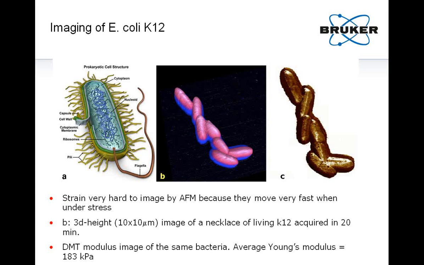Okay, so now we'll go to softer samples with bacteria, especially E. coli. E. coli are gram-negative, aerobic or anaerobic, and non-sporulating bacteria. About the dimensions, they are about 2 micrometers in length and about 500 nanometers in width and height, though this can be variable depending on species.